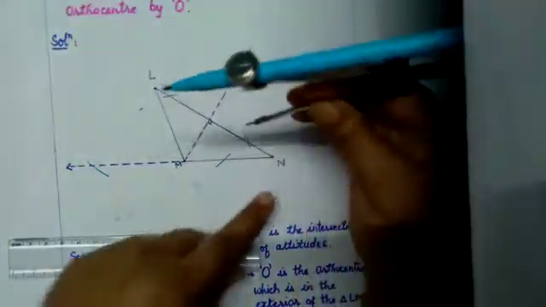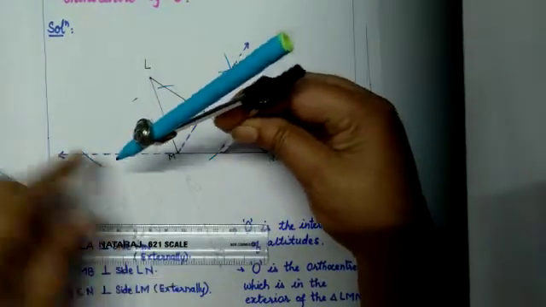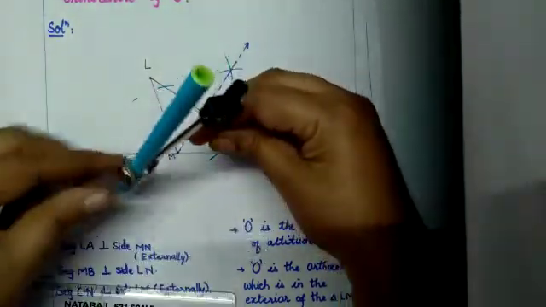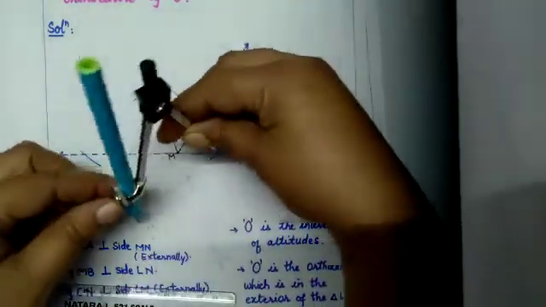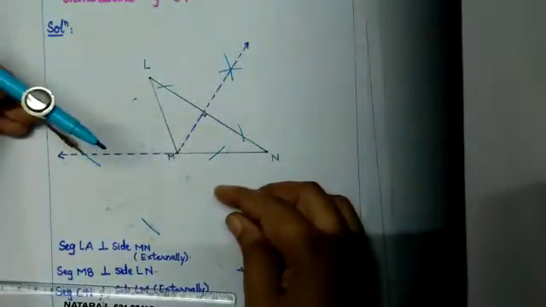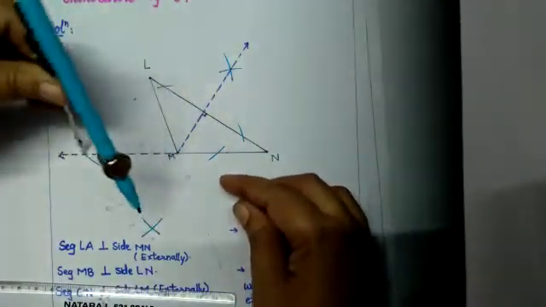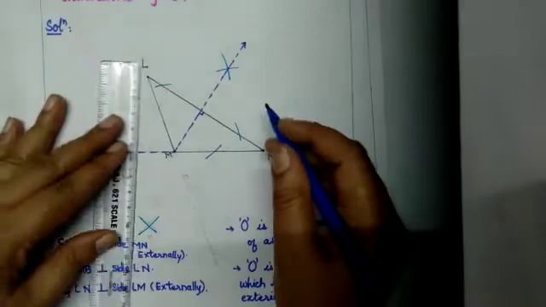In this way we have drawn two arcs towards side MN, and now we will draw from the first arc towards the side of MN here, and from the second arc again one arc of intersection. In this way we will join L to this intersecting arc.